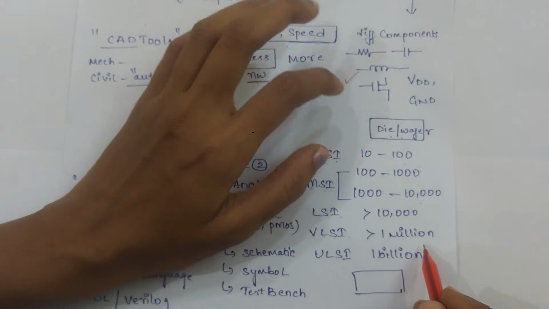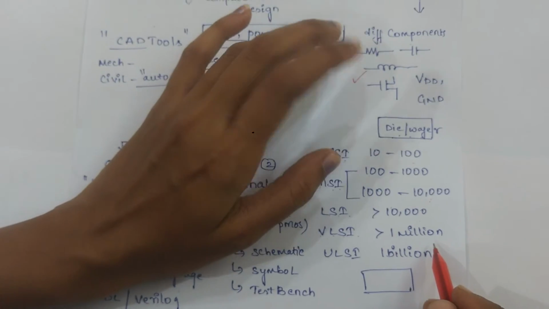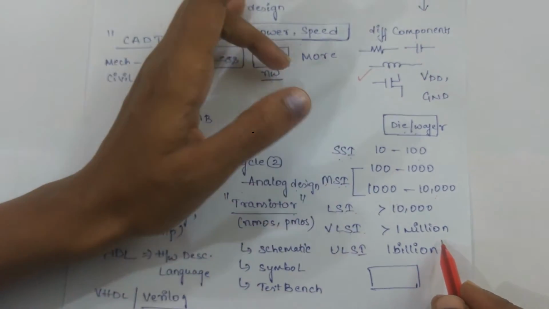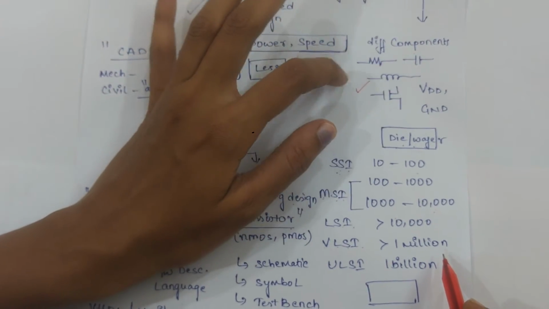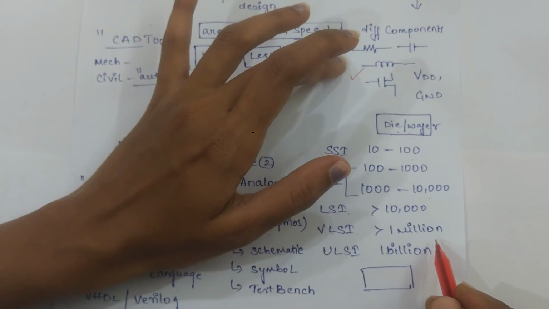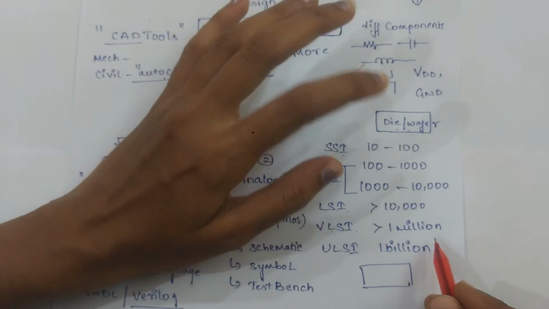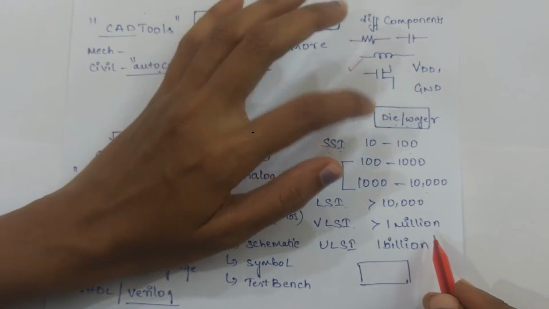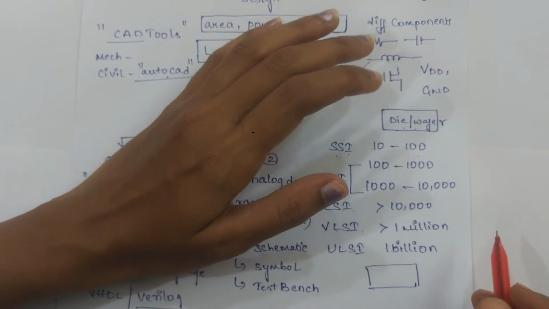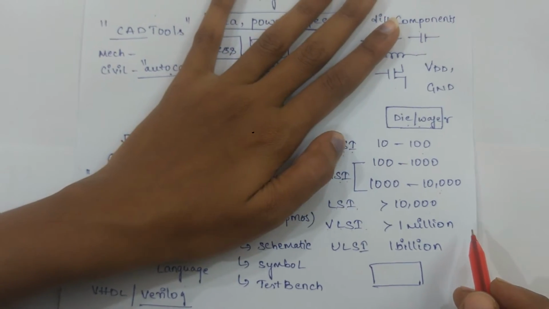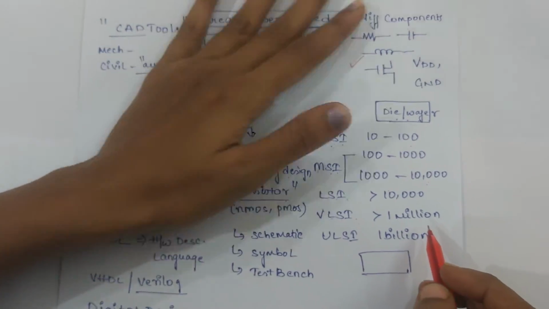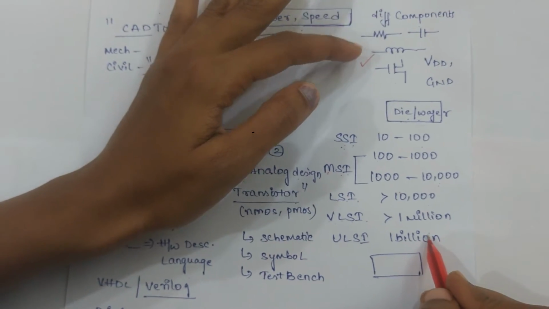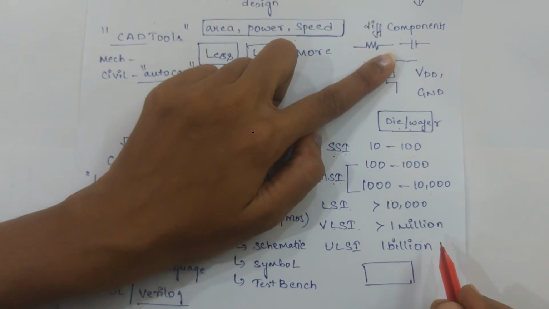All these components are connected through interconnection wires, or on a breadboard with routing wires. On a PCB board you do soldering, where one end of a component is connected to the other end. So integration mainly concentrates on the transistor count.